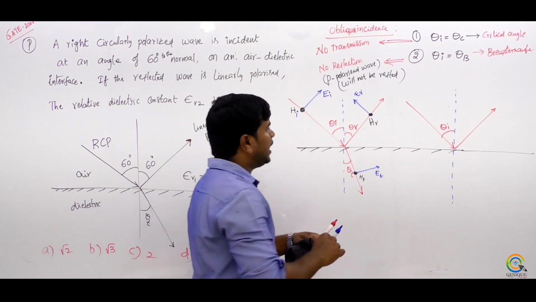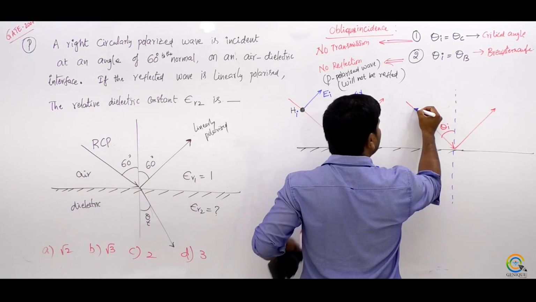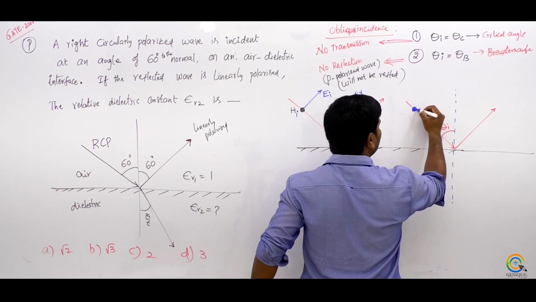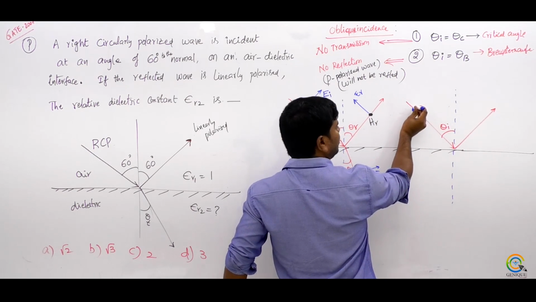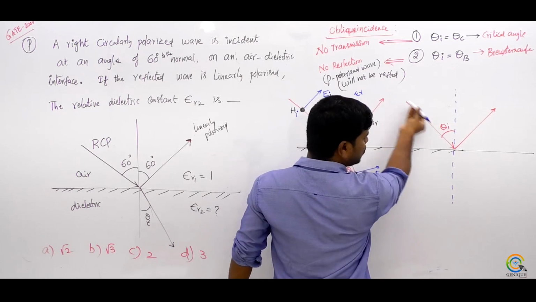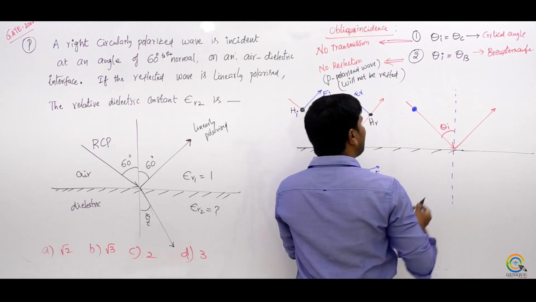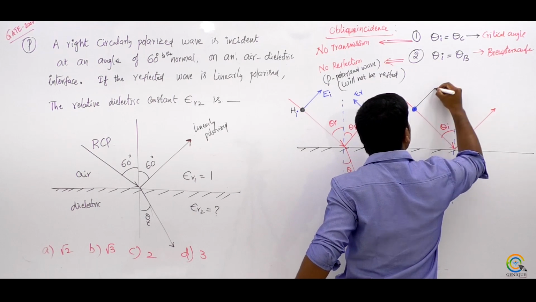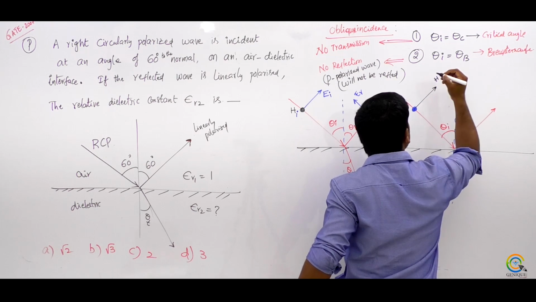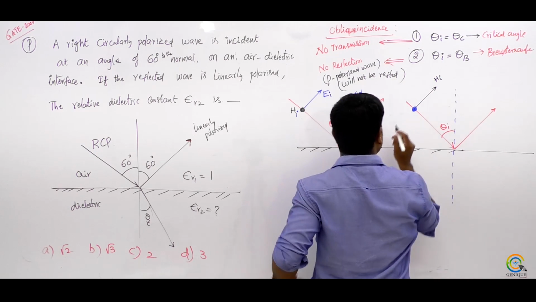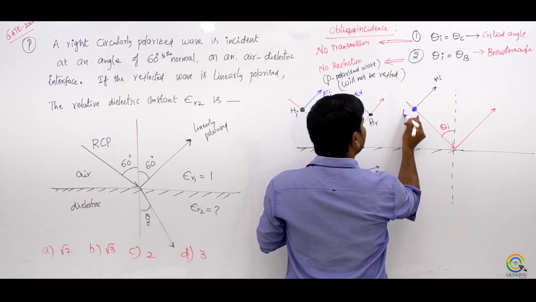Suppose the electric field is now in this direction. The EM wave is going like this, the electric field will be like this. How will the magnetic field be? The magnetic field will be like this, HI, and this would be EI.